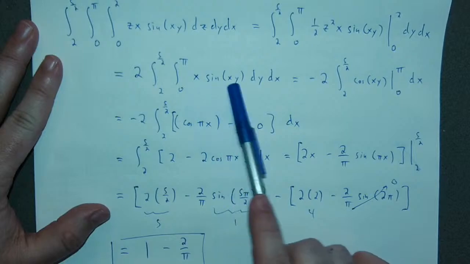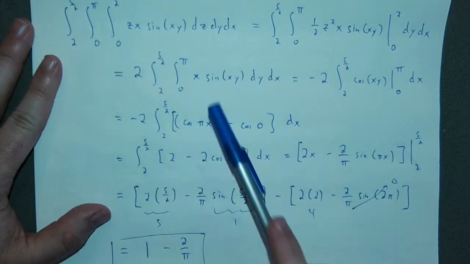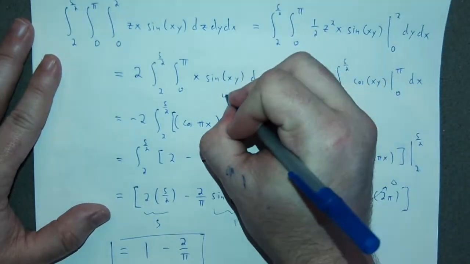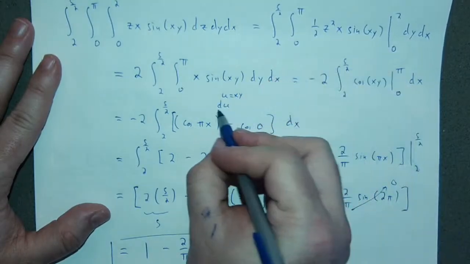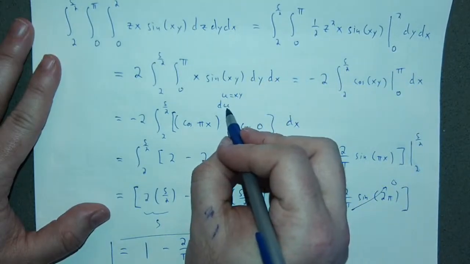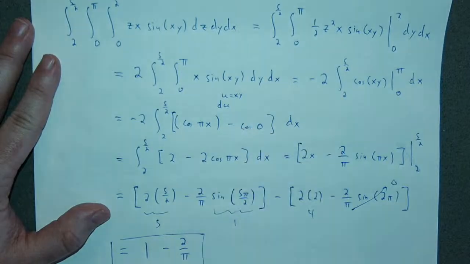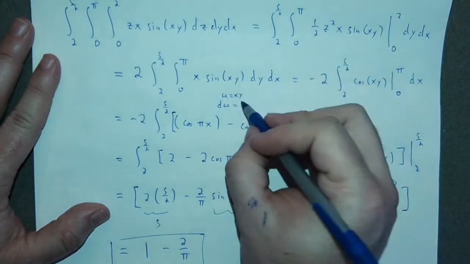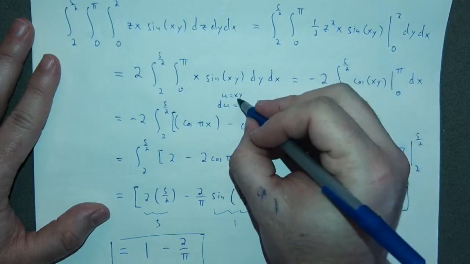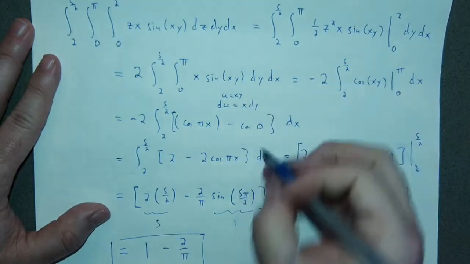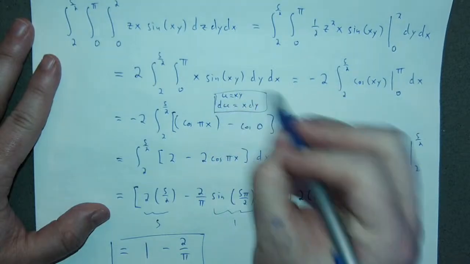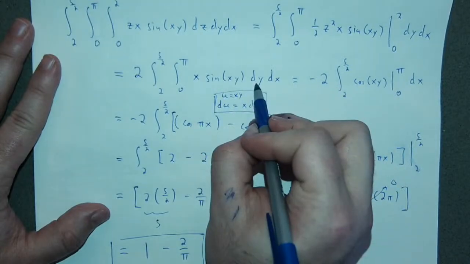So if you do u sub here, u is xy. What is du? Keeping in mind that this du we're taking is with respect to y, meaning it's kind of like a partial du here, du in this case, x is a constant, so it's x dy. So I have x dy here.